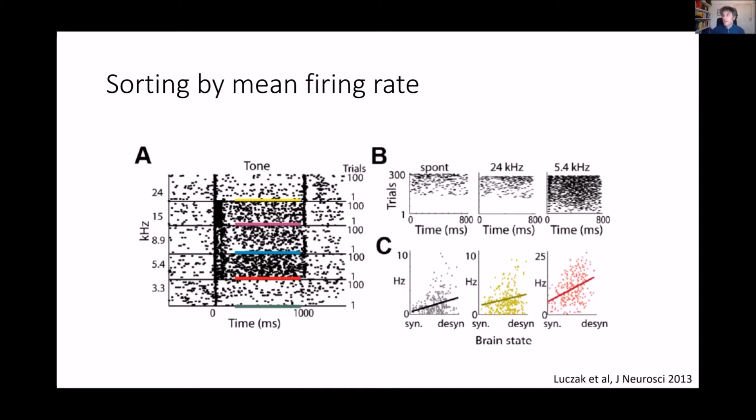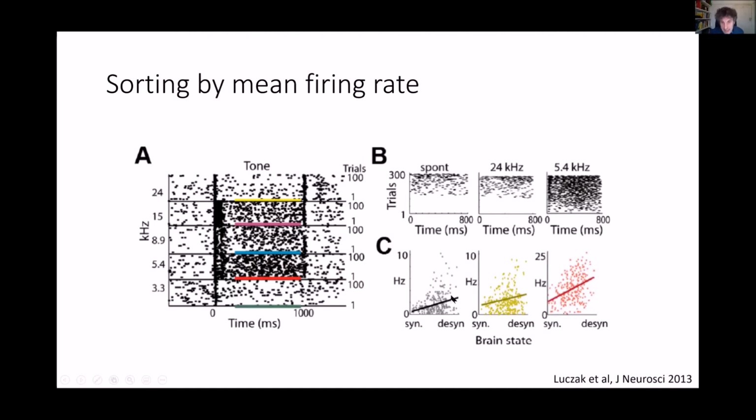And it turns out that's related to the brain state, be it synchronized or desynchronized. And these different plots show the firing rate of this cell correlated with the brain state as determined by the period before the stimulus. In synchronized states, you have a lower firing rate of this particular cell. That's not always the case.